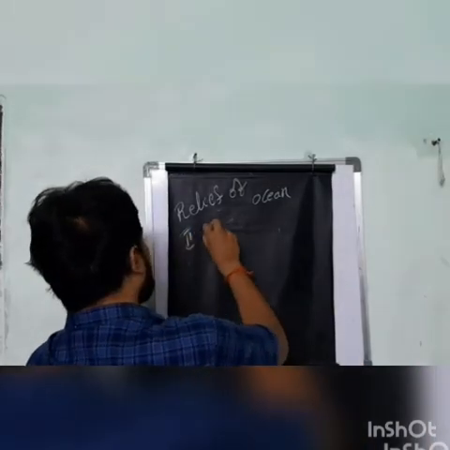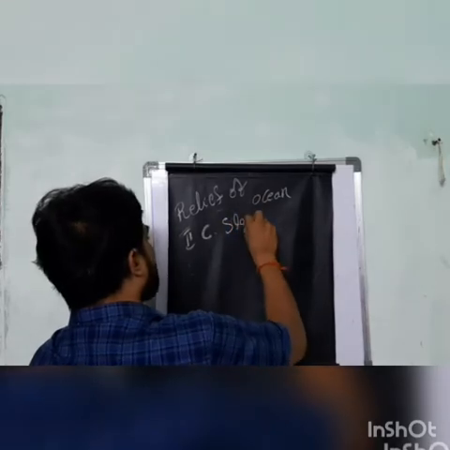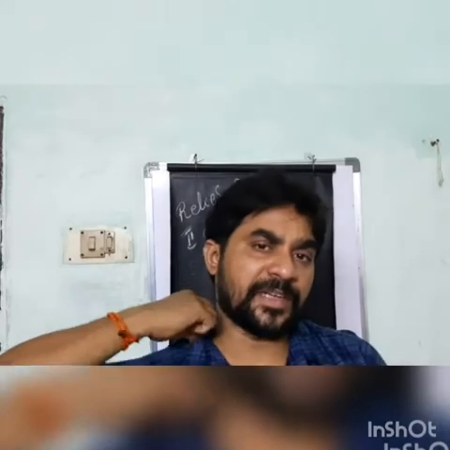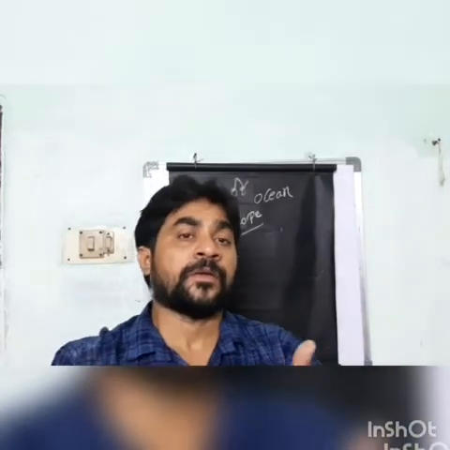Second one is called the continental slope. What is called a continental slope? Before starting the continental slope, we can say the uses of the continental shelf. The continental shelf can be used for the construction of seaports. In the continental shelf only we can construct the seaports.